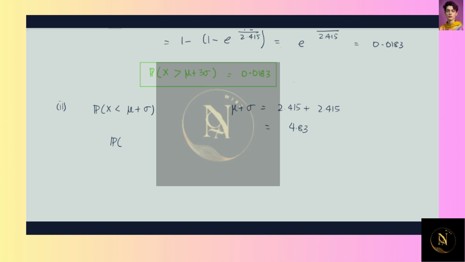So we are asked to find the probability where the rainfall is less than 4.83 hours, which is 1 minus e power minus 4.83 over 2.415 by using the CDF definition. So this is 1 minus 0.1353, which is equal to 0.8647. So the probability that the rainfall is less than the mean plus 1 standard deviation is 0.8647. Hope you understood. Thank you.